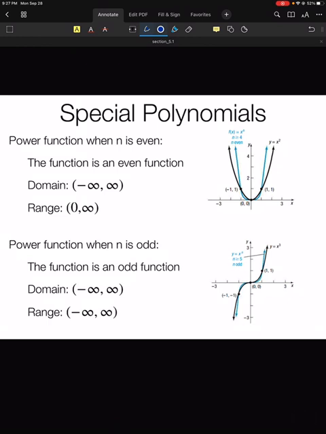So when that power function is even, which means when the degree on that function, it only has one monomial term, so the degree on the monomial term is even, we can say it has certain properties. The property is that it's overall an even function. If you remember back a little bit, we've talked about what an even function is.